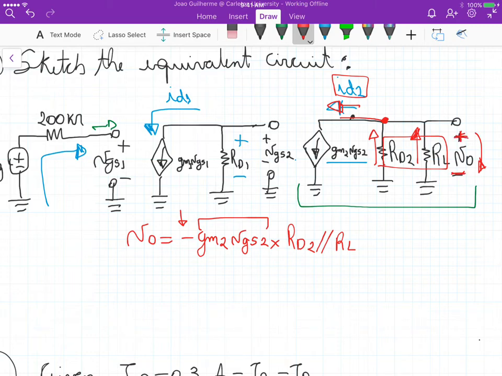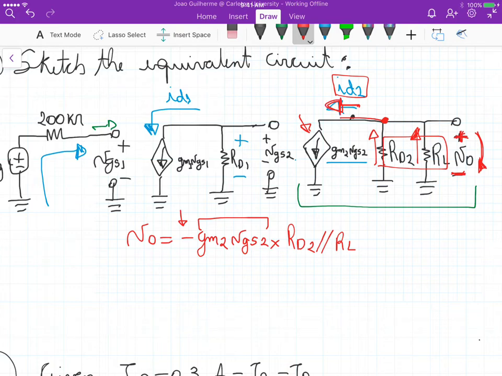And this minus, remember, is just because of the way we have assigned V naught here. So we are measuring V naught with this polarity here, which from the positive sign convention basically means that we have a current flowing in this direction. But because this voltage source forces the current to flow counterclockwise, we have to take this minus sign.